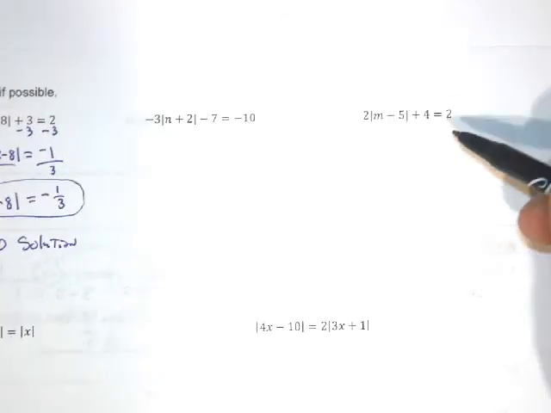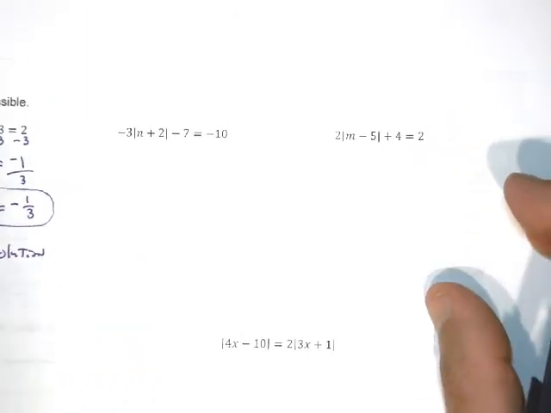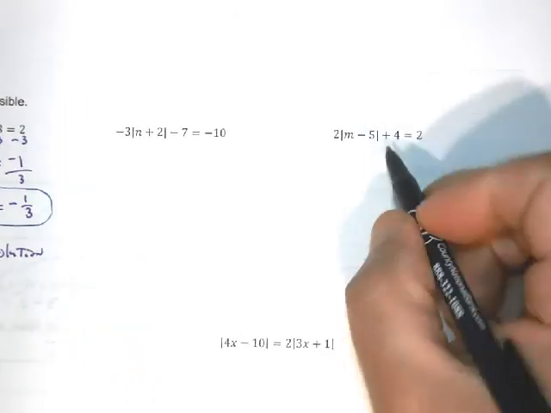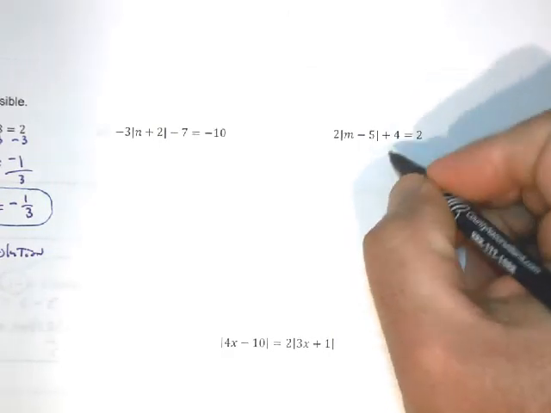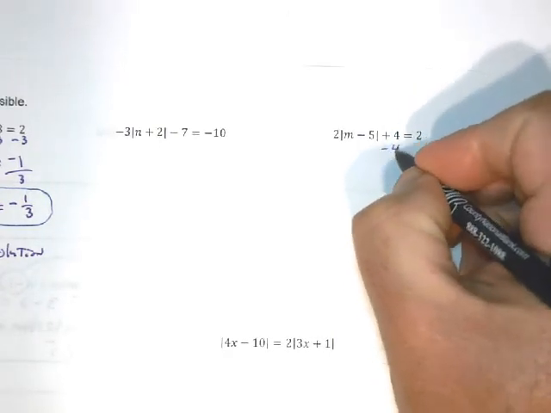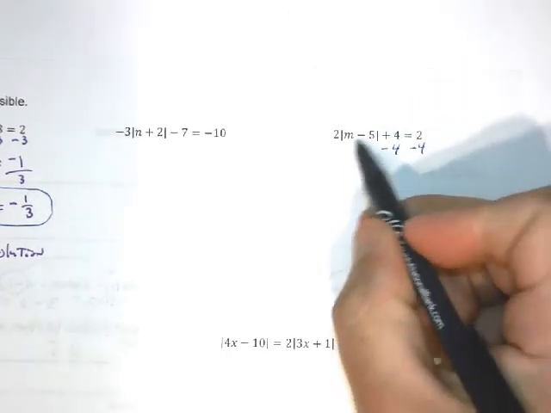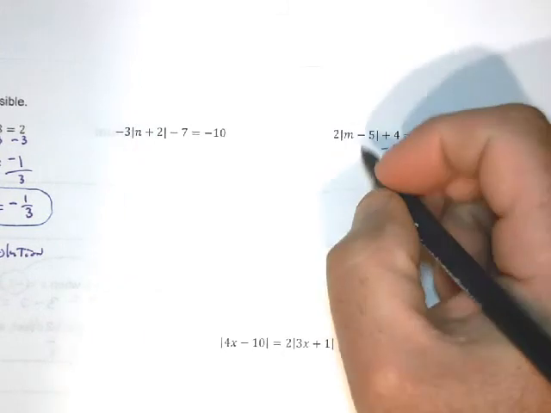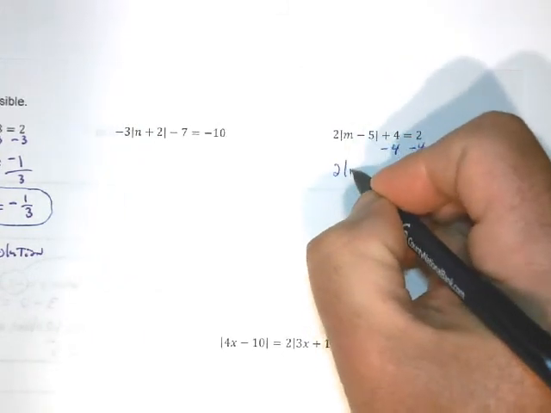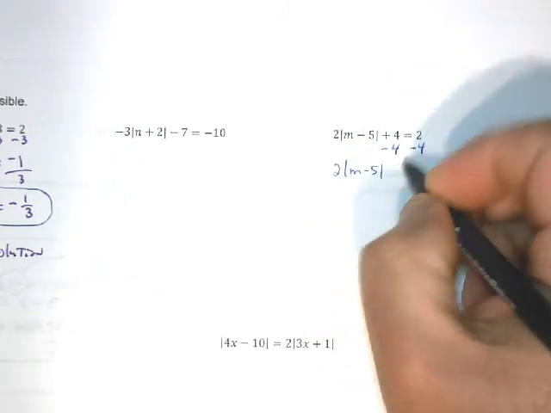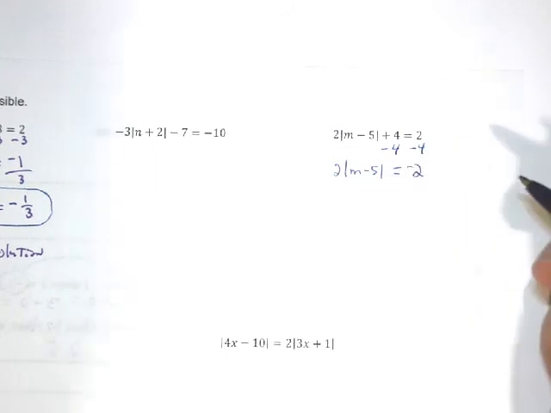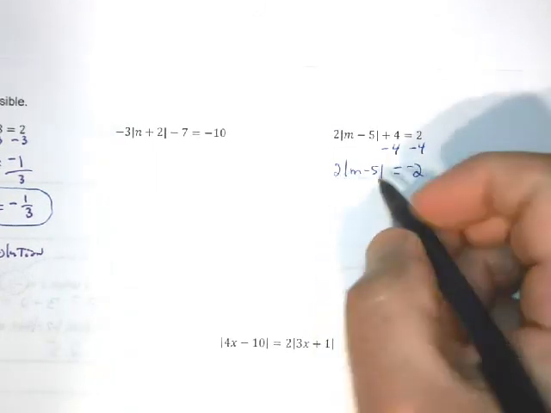Again, let's go through this next one. Here I have a positive 4, so I need to subtract that first, because again, we have to get the absolute value by itself. So we have 2 times the absolute value of m minus 5, and all that equals minus 2.